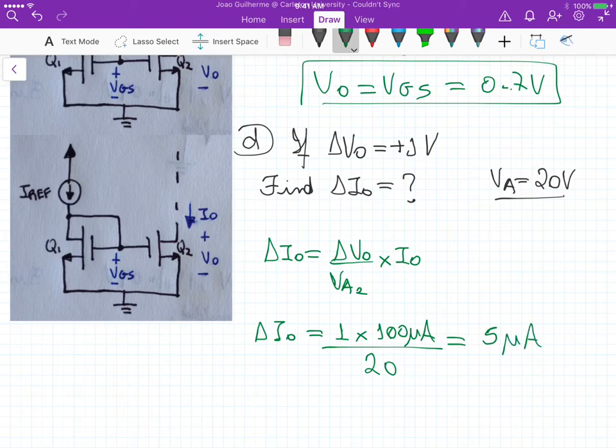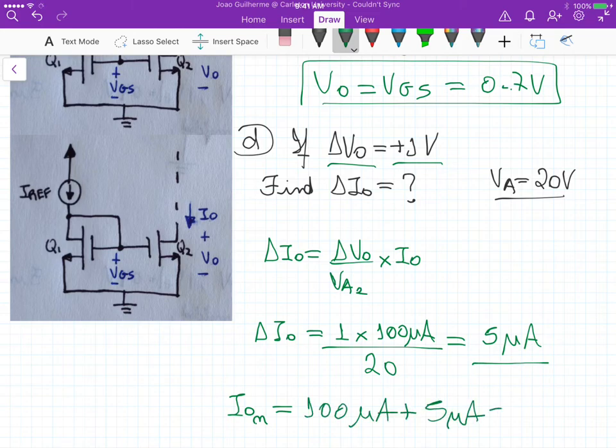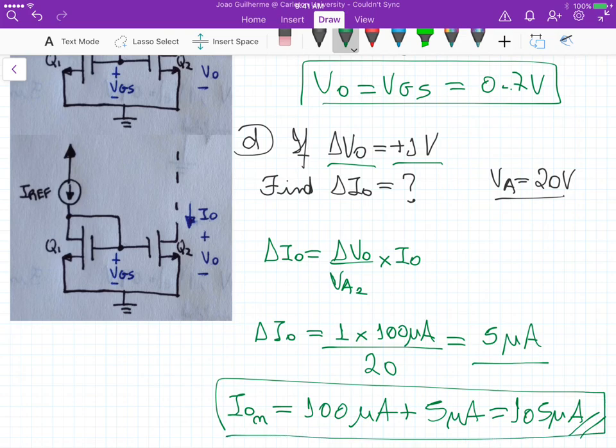So if we change V naught by 1 volt, we change the output current by 5 microamperes, and that means the new current I naught new, after this change, is 100 microamperes plus those 5 microamperes, that's 105 microamperes.